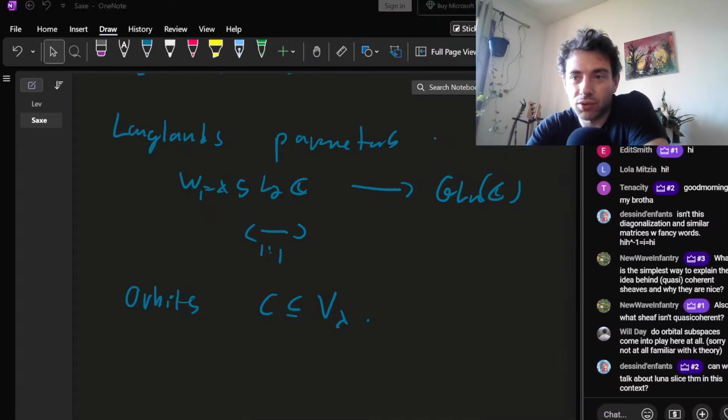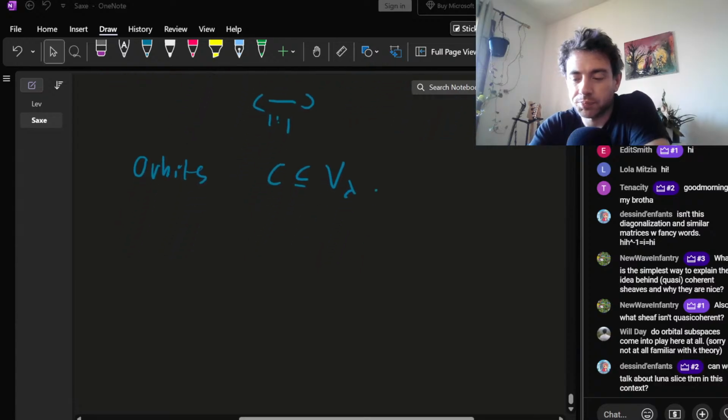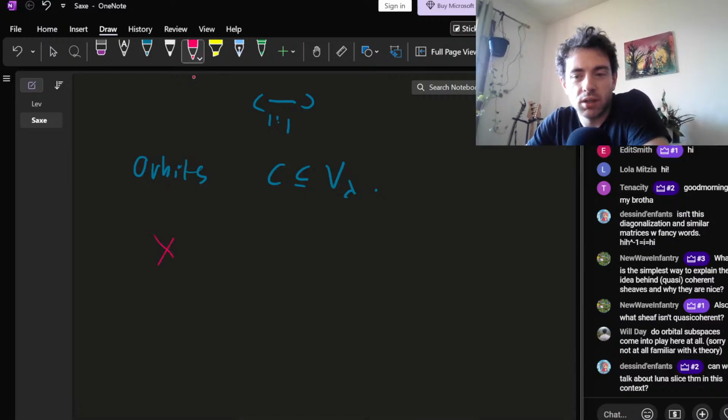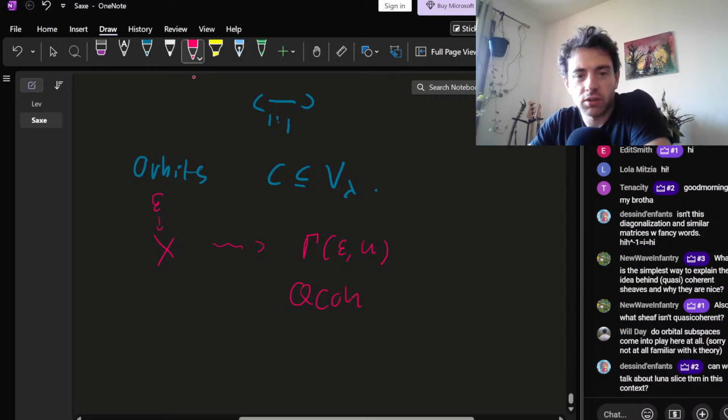Yeah, so very roughly, as I understand it, vector bundles fail to be an abelian category. But if we're over a sufficiently nice complex manifold or something, and you have a vector bundle, then if you take the sheaf of sections of your vector bundle, this will be quasi-coherent.